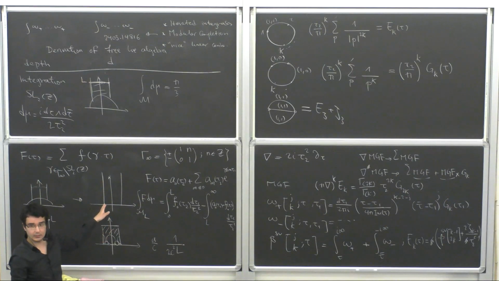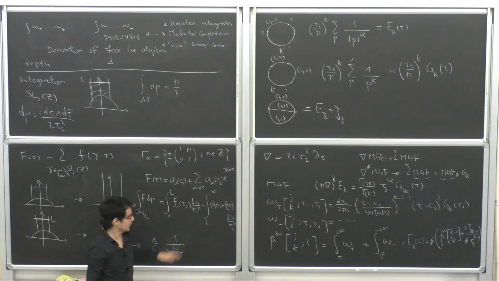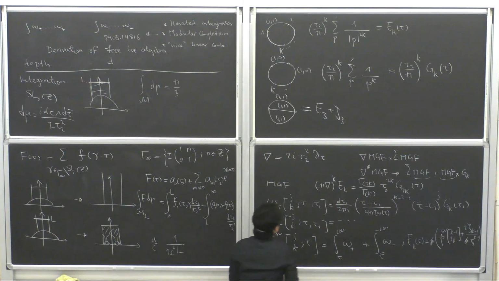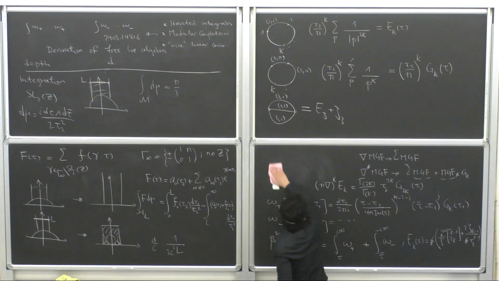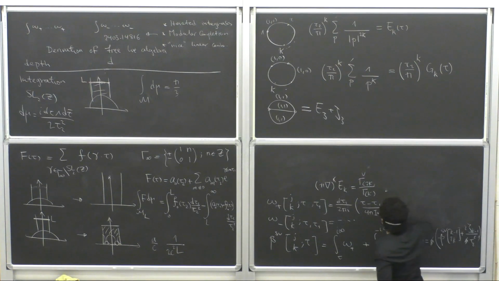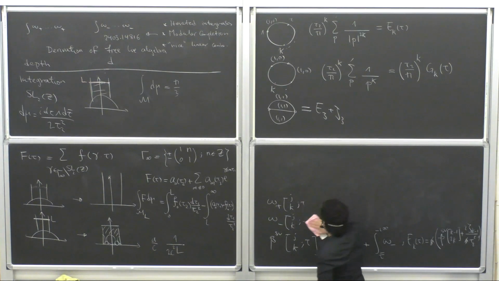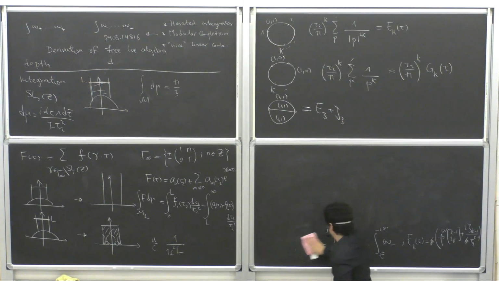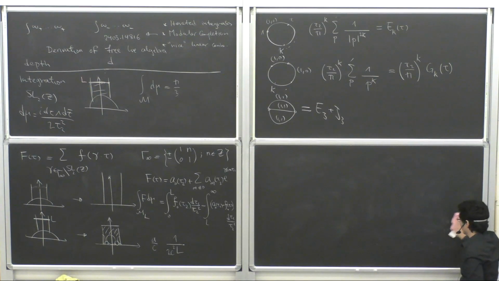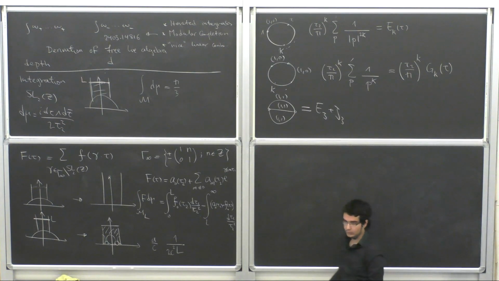If you write it like this, then both integrals are convergent. So it's very good if you know the zero mode of f and also the seed function.